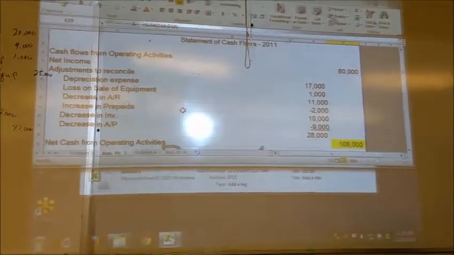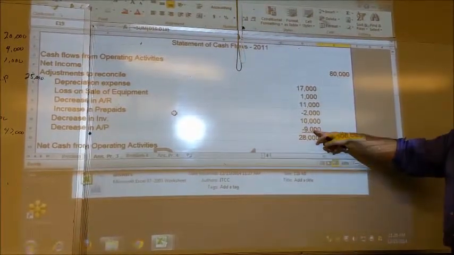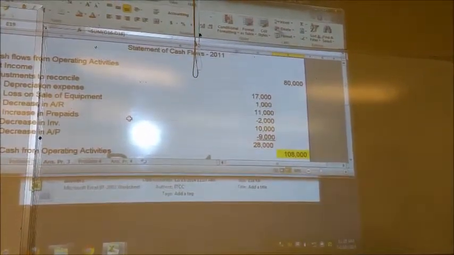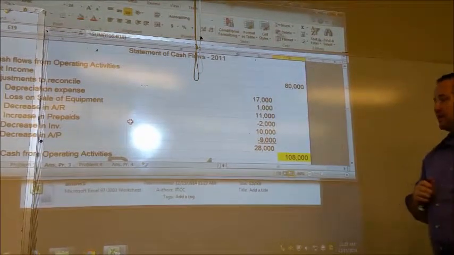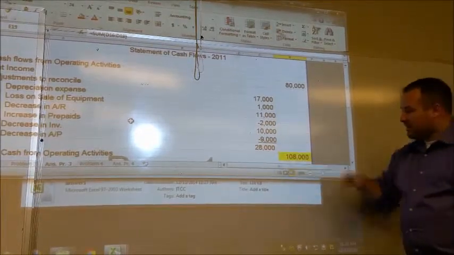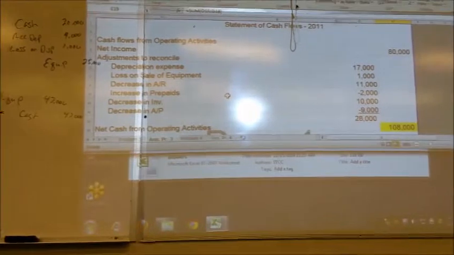And then we have our current liabilities as well, showing here. If our current liabilities go down, typically that means we would have had to credit cash, and we lost money. And that's not showing up here in net income. Add up all of these, and we have net cash from operating of $108,000.